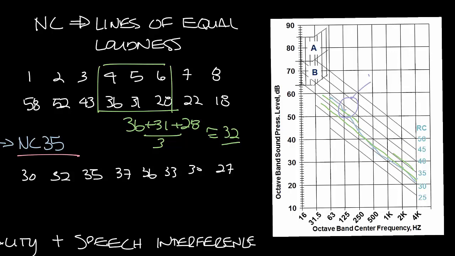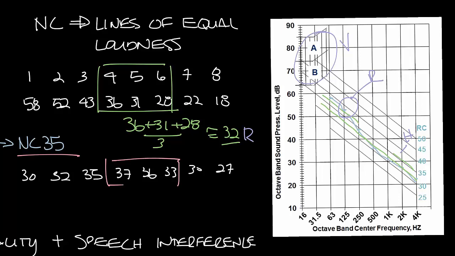Up here in the low frequencies, that would have a rumble. Down in the high frequencies, that might have a hiss. And then if you get up in the section where the A and the B are, you are going to have vibration, or at least possibly will have vibration. So RC is made up of the sound interference level number, 32, and the quality letter, R. So this sound source has an RC of 32R.